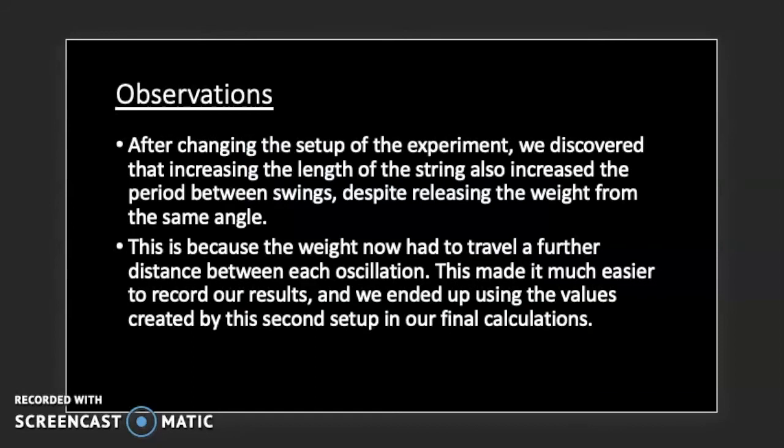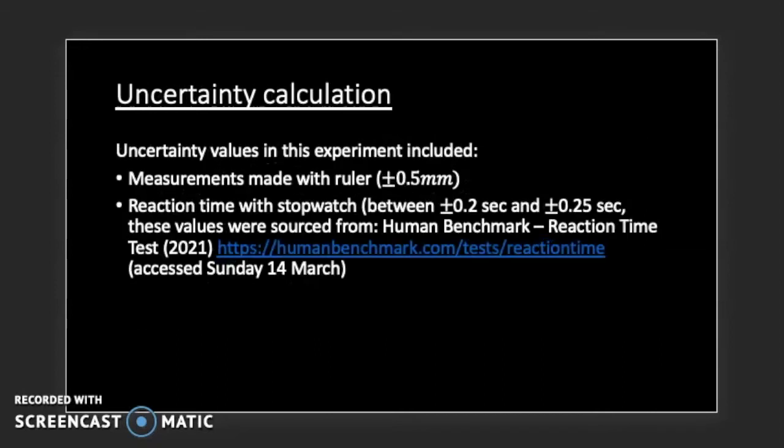After changing the setup, it was much easier because the period between each swing was much longer. This was as a result of the weight having to travel a further distance now. And we ended up totally disregarding that first initial test, and we used all of the values from our second setup in our final calculation.